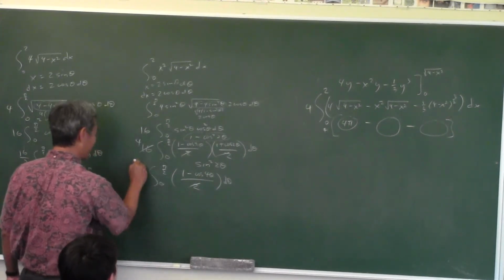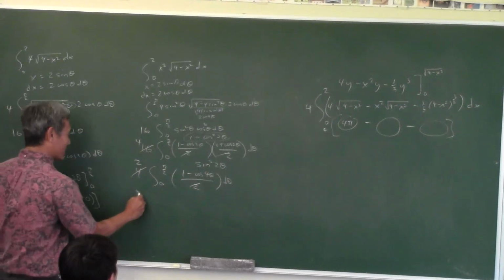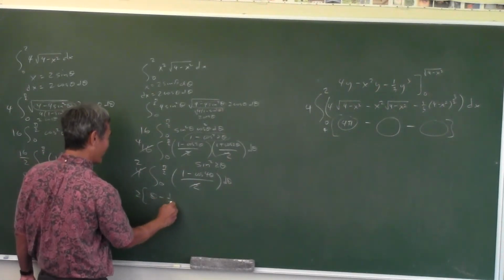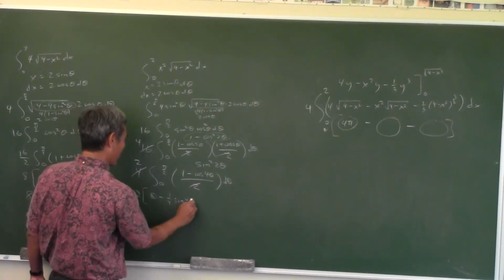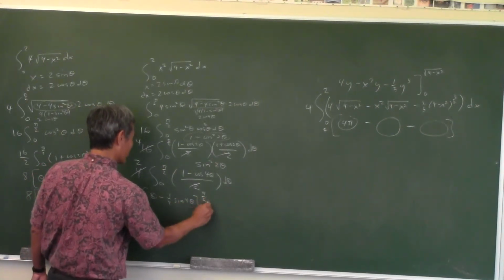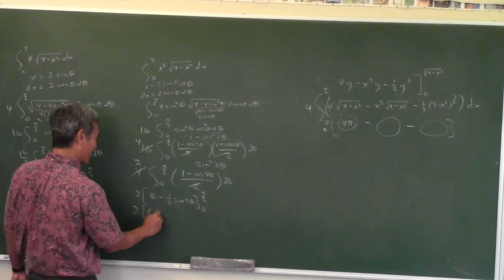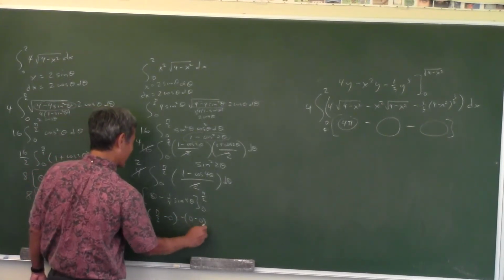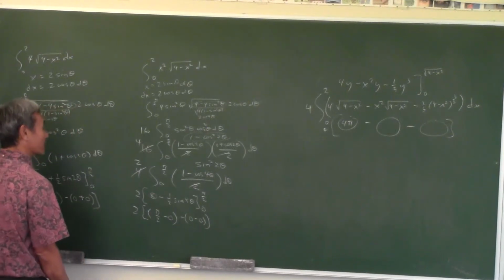This 2 cancels that 4, you get 2. Now we're ready for the antiderivative: theta minus 1/4 sine 4 theta from 0 to pi over 2. Plug in the top number: pi over 2 minus 0, minus 0 minus 0. So that's pi.